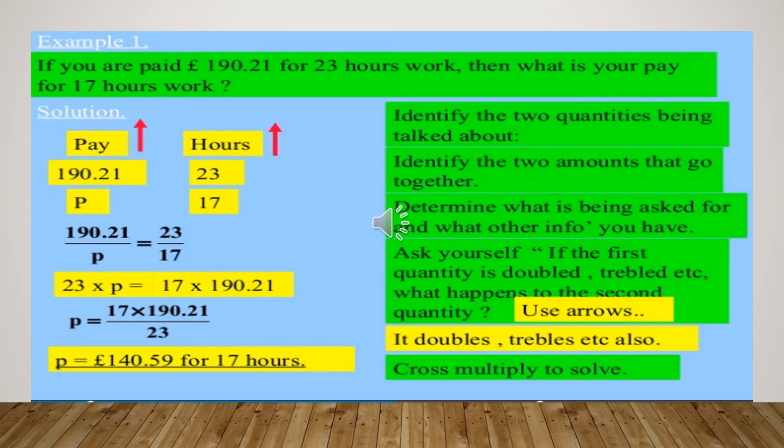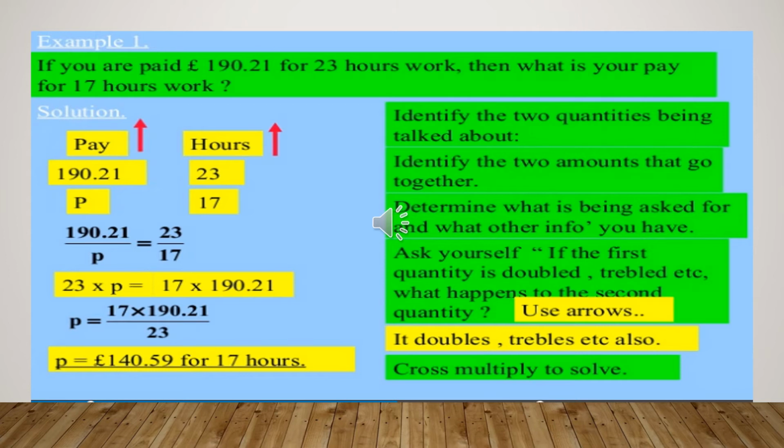You can see in the question that on the left hand side it's written pay and on the right hand side it's written hours. As you know, a person is paid 190.21 for 23 hours. It's obvious that if a person works less than 23 hours, the person is going to get a lesser amount.